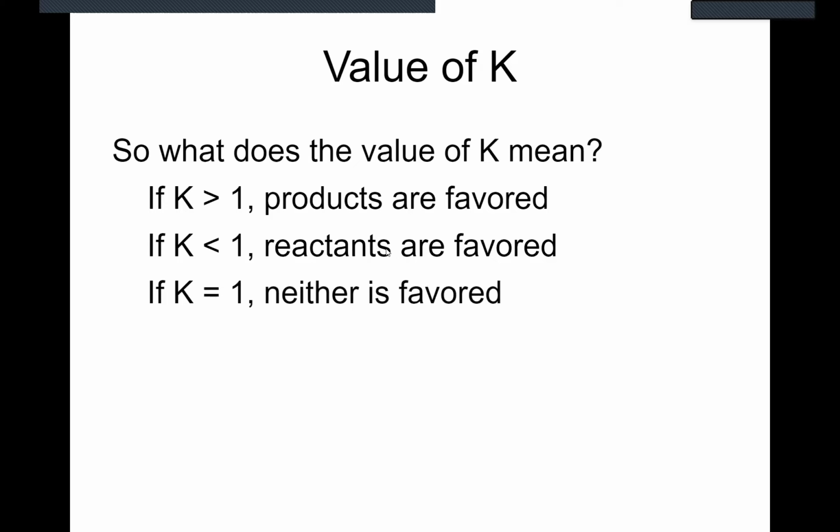If K is less than 1, at equilibrium, there's a whole lot of reactants. If K happens to be equal to 1, neither reactants nor products are favored. It might be spot down the middle where the concentration of reactants and products are the same. If our value was 0.06, we had a reactant-favored reaction, a reactant-favored equilibrium in that last example.